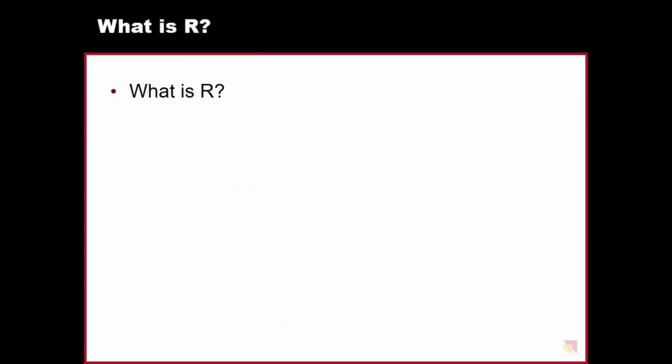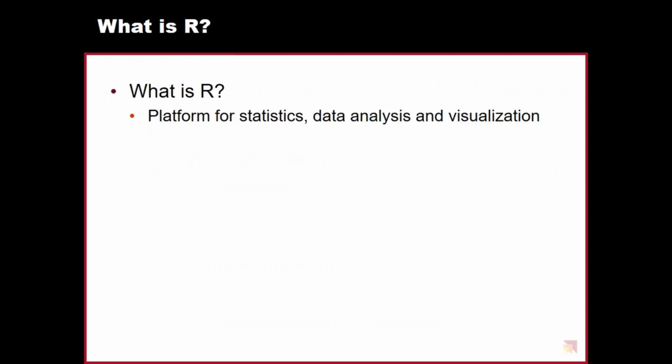Well, first of all, what is R? R is a data analytics platform, and it's used very widely by people who get involved with statistics and data analysis. In addition to being able to crunch numbers with some type of advanced statistical functions, it also gives us very good data visualization capabilities.